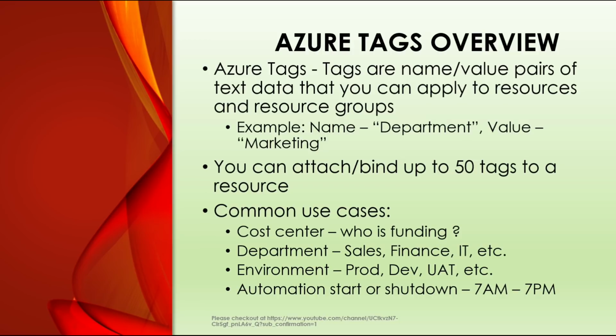For example, if you want to automate things such as start and stop or shutdown of a virtual machine, you can utilize all these various options with tags. Now let's go to the portal and see the tags.